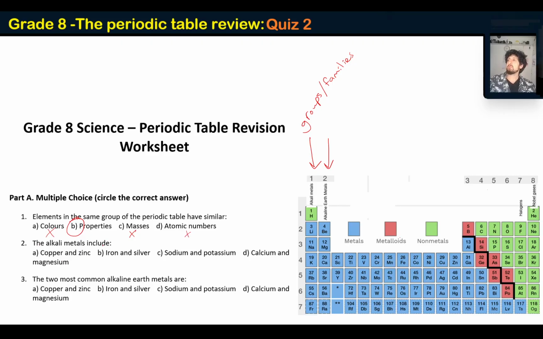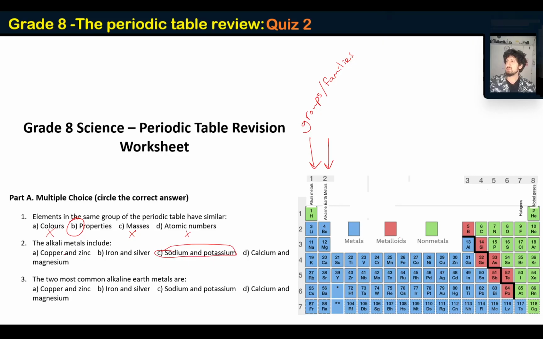The alkali metals include what? So alkali metals are these guys here in group 1, all the way down. These guys here, okay? So that's group 1. And they include lithium, sodium, potassium, rubidium, cesium, and francium. So which ones are these? Well, sodium and potassium. That's pretty easy, okay? Sodium and potassium.